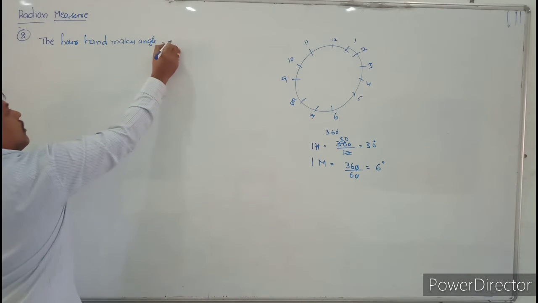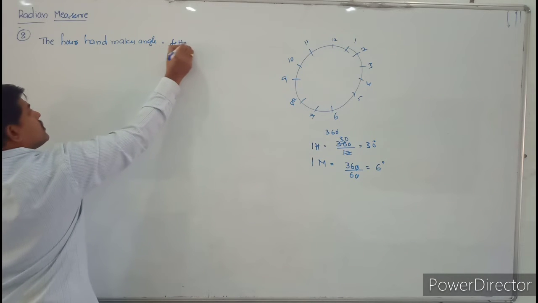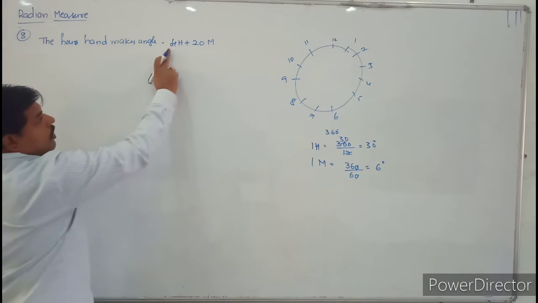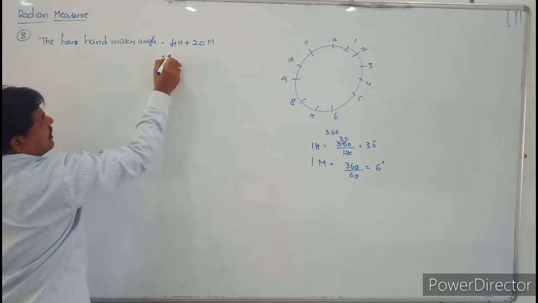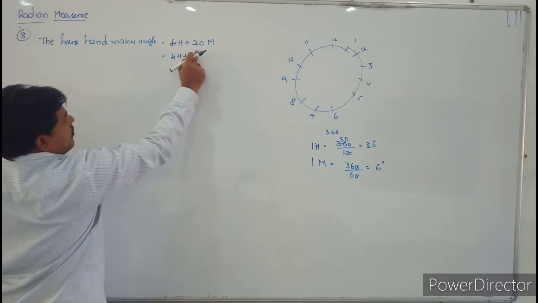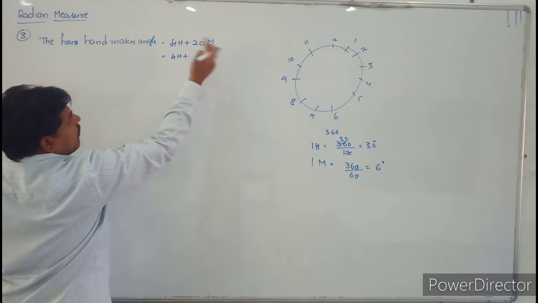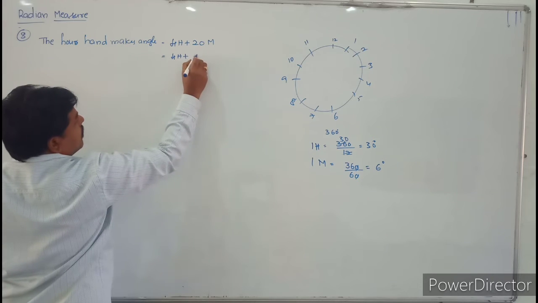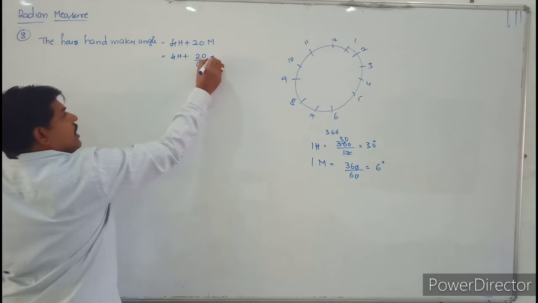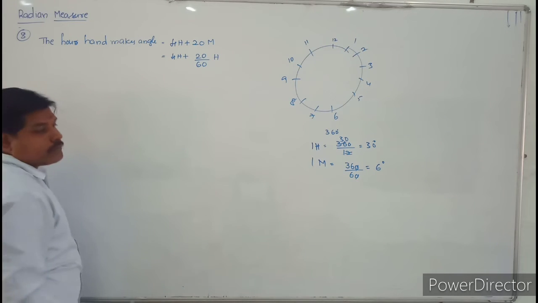That is nothing but 4 hours plus 20 minutes. 4 hours plus 20 minutes. The 20 minutes you have to convert into hours. Just divide by 60 and it will be converted into hours.